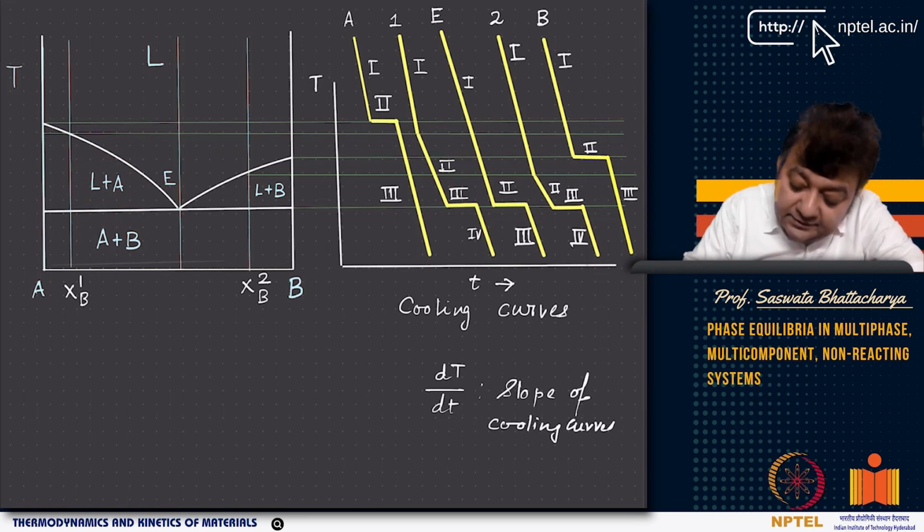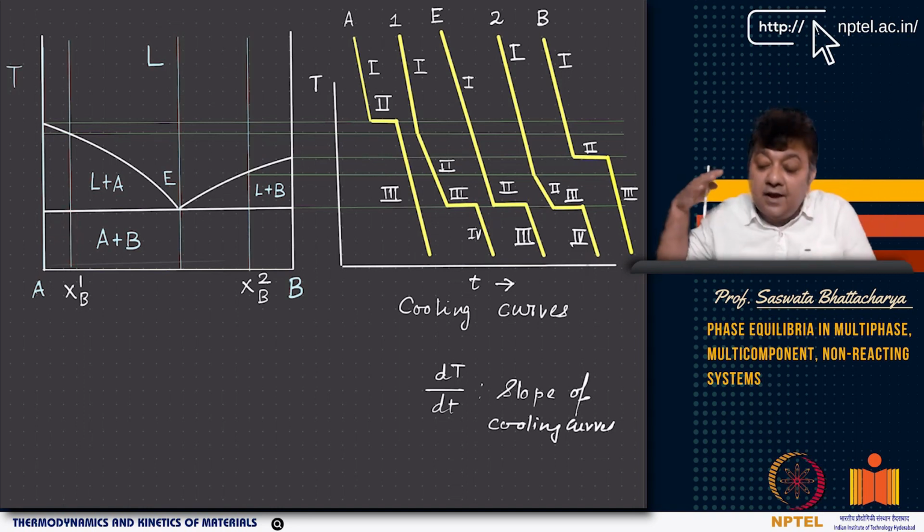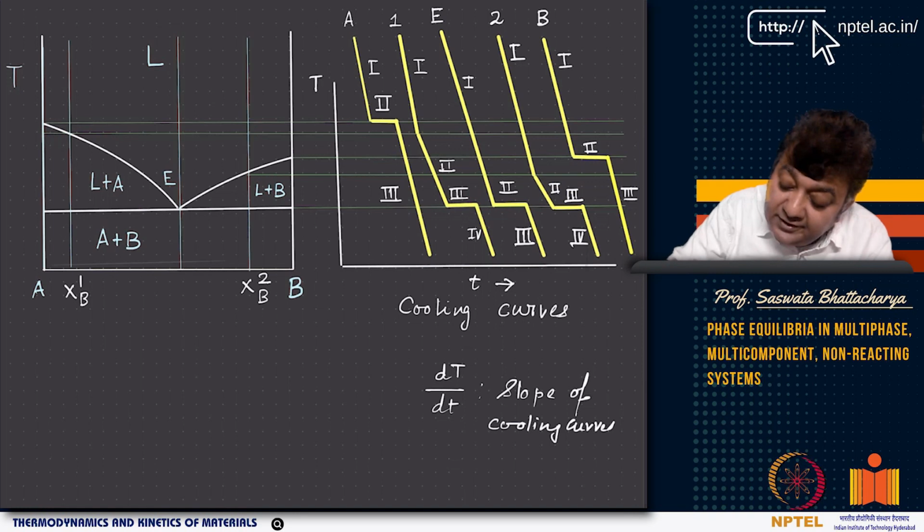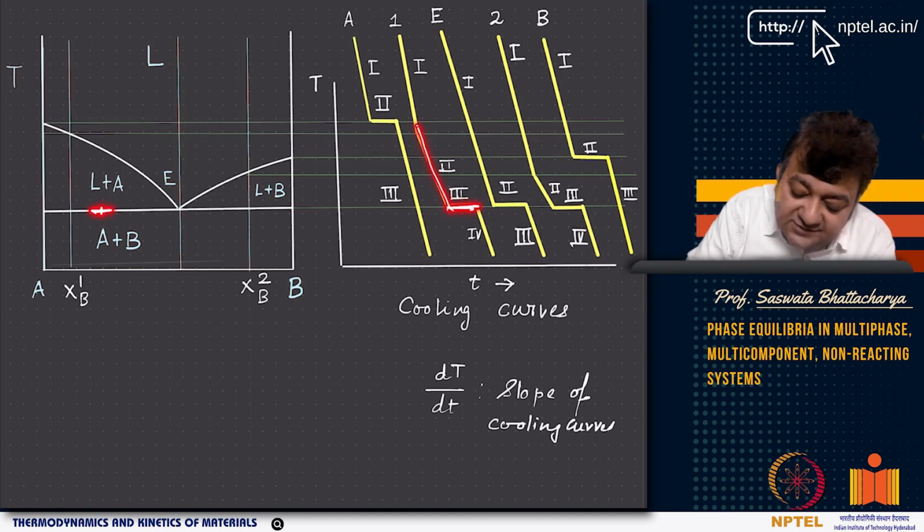When you come to 3, you are going to here. In this case, you again have a slope change, and this goes down. But before it does so, you have 1, and then you have 2. But then there is a 3, and 3 is where liquid is transformed to solid.